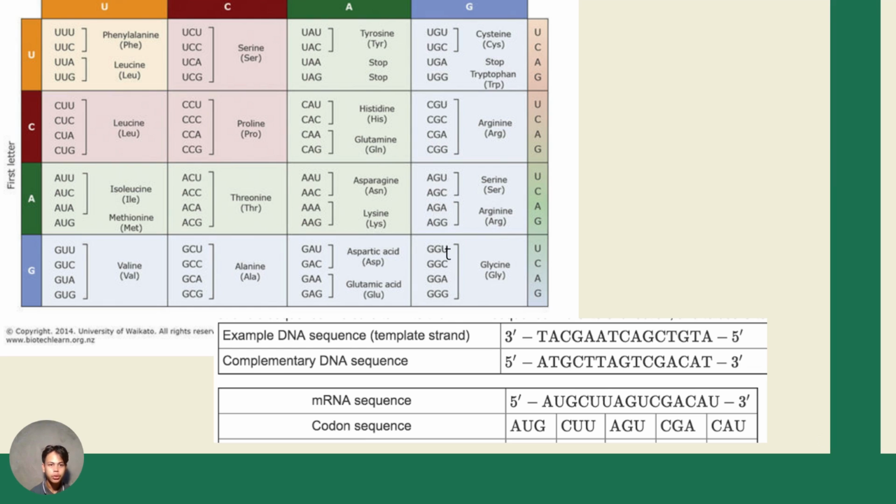C, U, and another U. So CUU corresponds to the amino acid leucine. Next is AGU. So it corresponds to the amino acid serine. CGA.